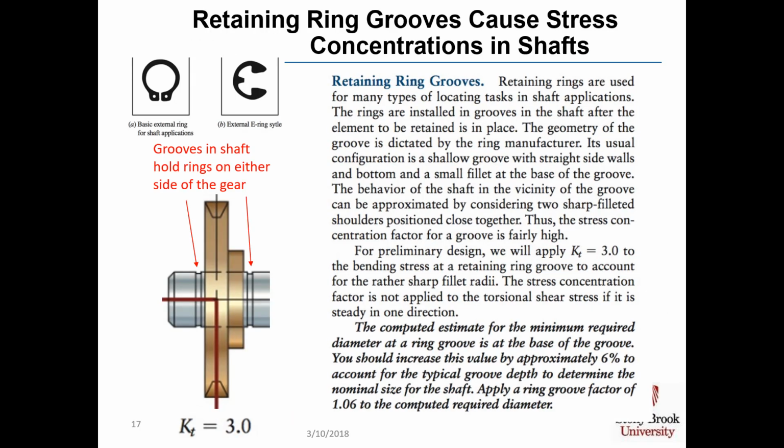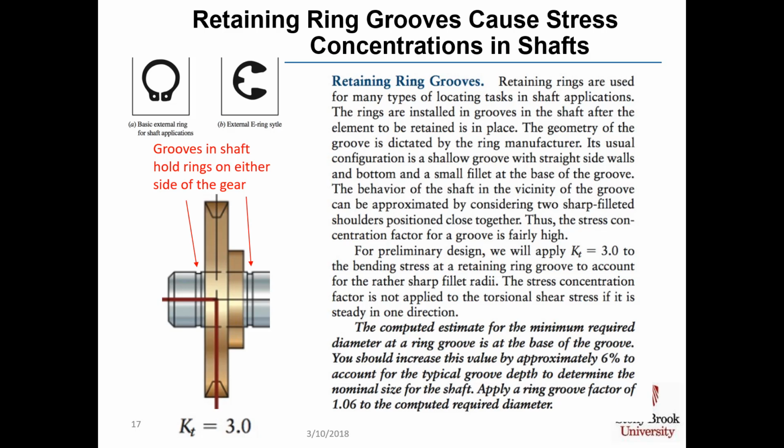Now, we talked about these retaining grooves in Chapter 11 as being a way to keep a mechanical element from moving. Here we're showing a diagram in the lower left corner of some type of gear, or maybe a pulley. It's not really clear what it is, but the general idea is that this mechanical element slips onto the shaft, and in order to keep it from moving left or right, you would put a pair of these rings on, and you're actually machining a sharp groove twice into the shaft in order to snap fit on this external ring.